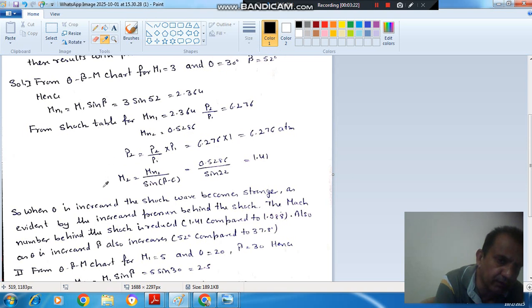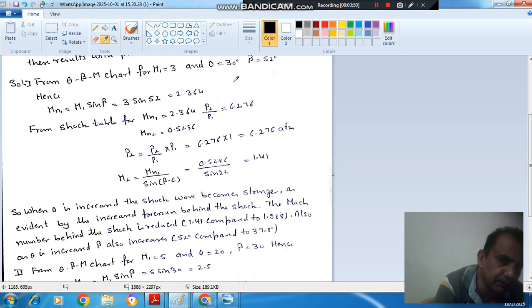This Mn2 is 0.5286, so we can find M2 using Mn2 divided by sin of beta minus theta. Beta is 52 and theta is 30, so beta minus theta is 22, so M2 will come out as 1.4. So in this question, when we increase theta by 10 degree, we can see that beta is increasing.